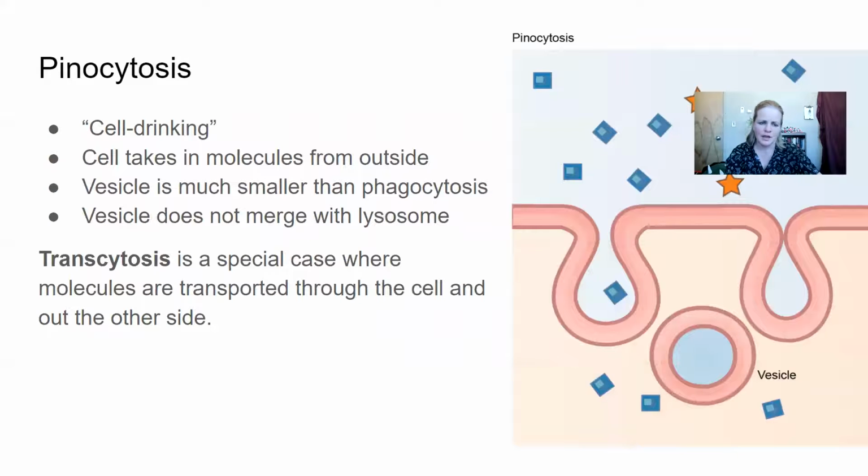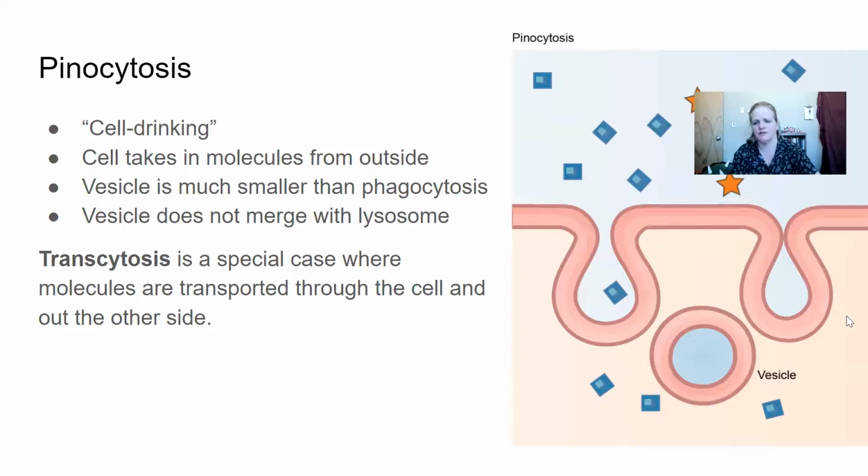Okay, and then pinocytosis is very similar, but this means cell drinking, because the person who discovered it thought that cells were just using this to bring in a lot of water in one go. It does bring in water molecules this way, but it can also bring in other stuff.